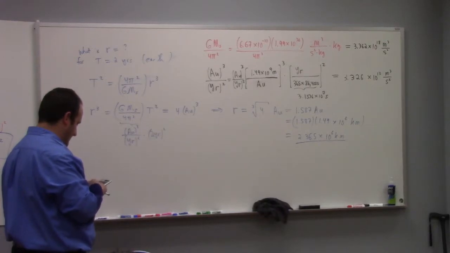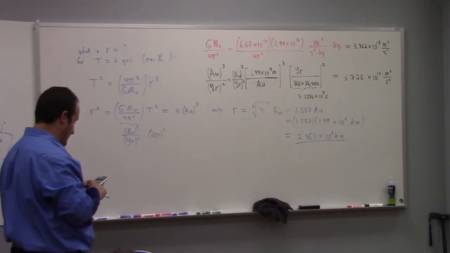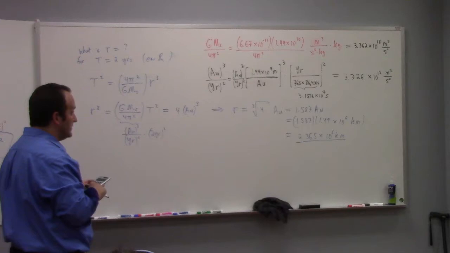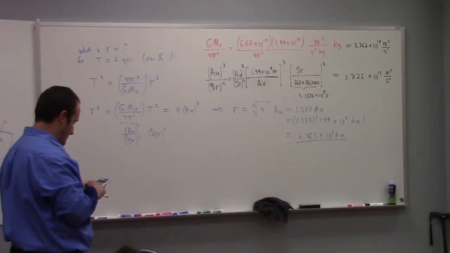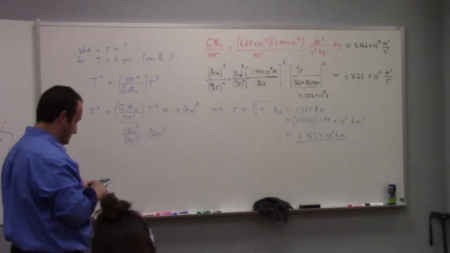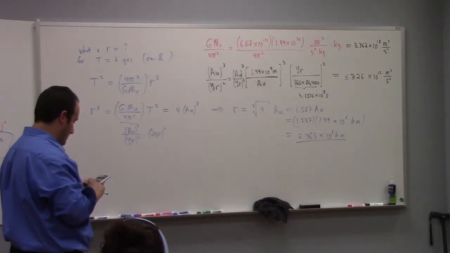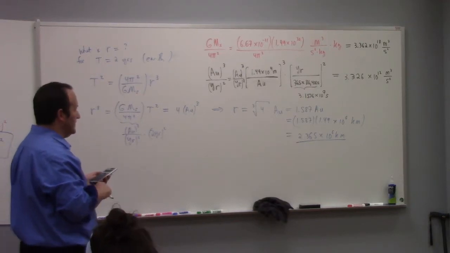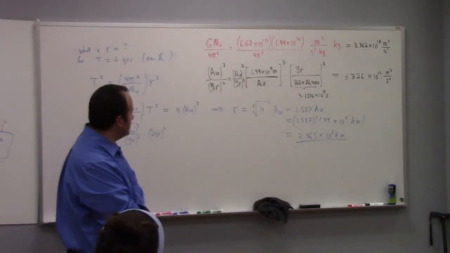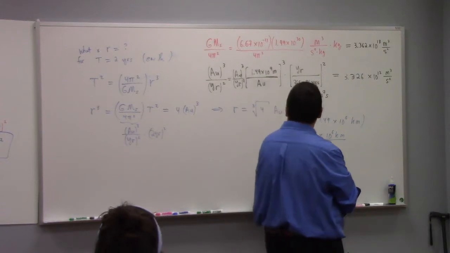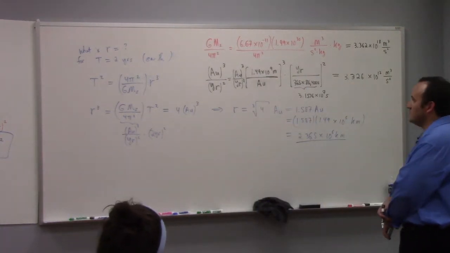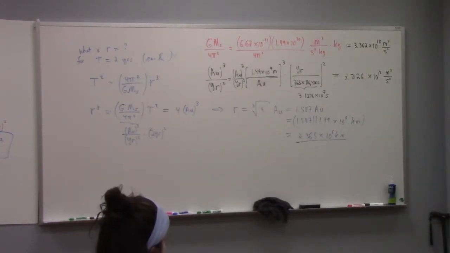I don't know where I've made my mistake, guys. Give me a second here. Yeah, I got the same number again. I'm definitely getting 10 to the 12th there. I think my unit conversion's right.